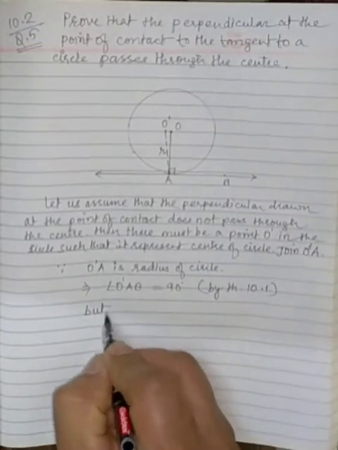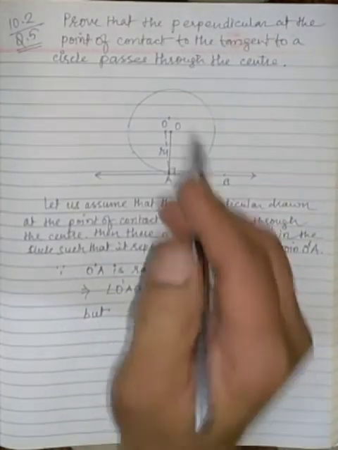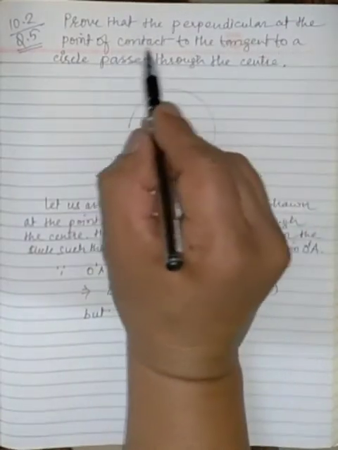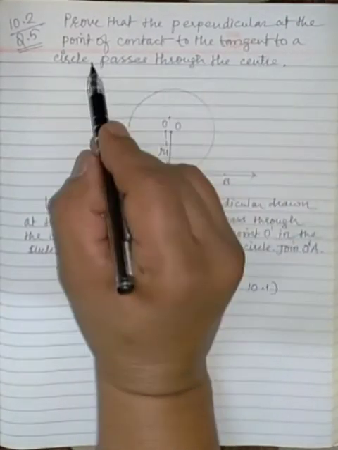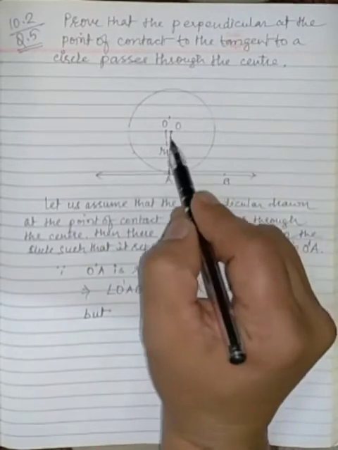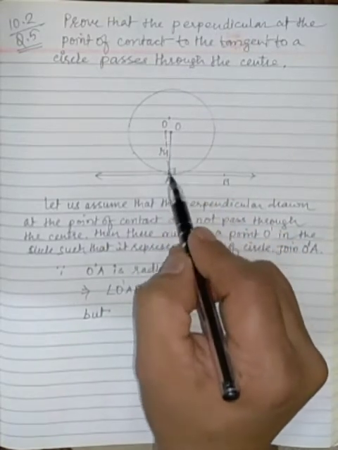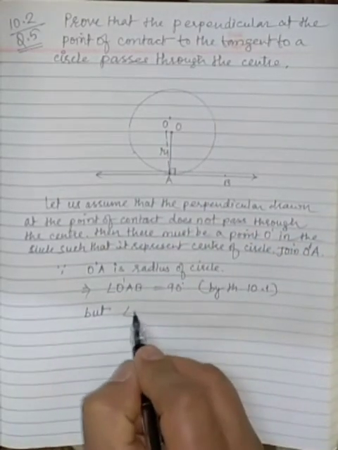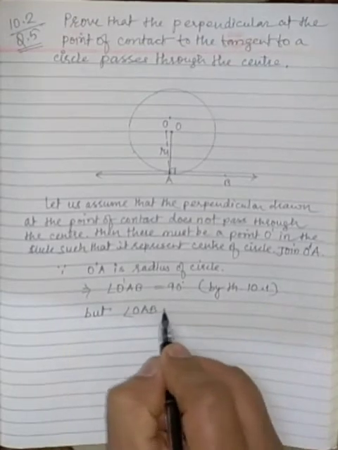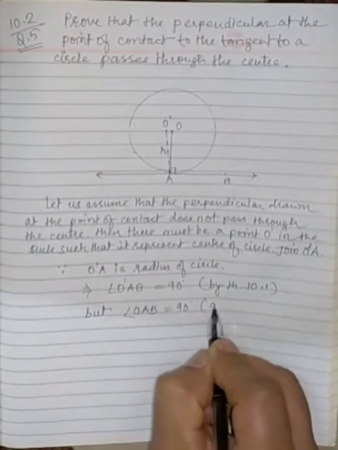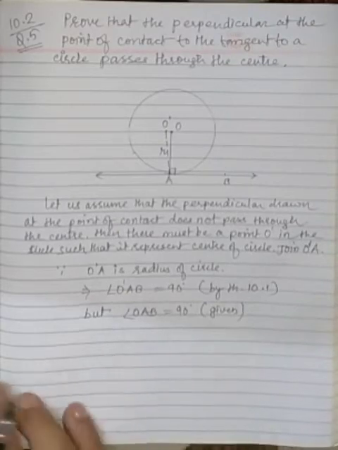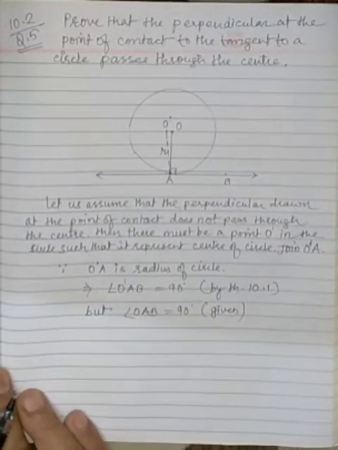But in the question we are given that the perpendicular at the point of contact to the tangent to the circle passes through the center. That means OA is already given perpendicular. So angle OAB is also equal to 90 degrees, that is given.